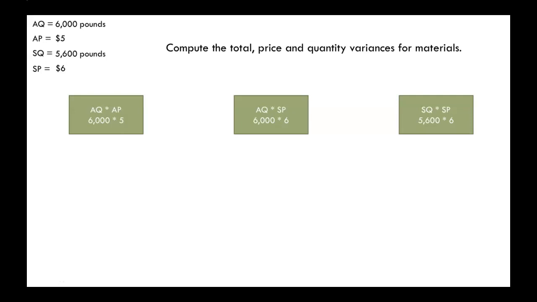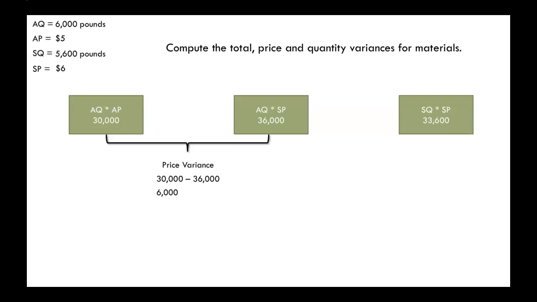If you do that math, you'll end up with these values: 30,000, 36,000, and 33,600. We can use these now to figure out our variances. We said that the difference between the 30,000 and the 36,000 is going to be our price variance. So we subtract those two numbers and we get 6,000.